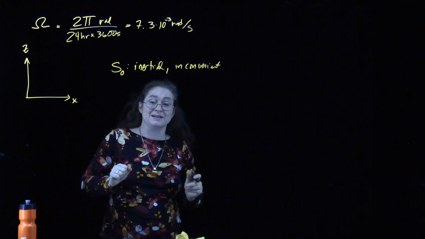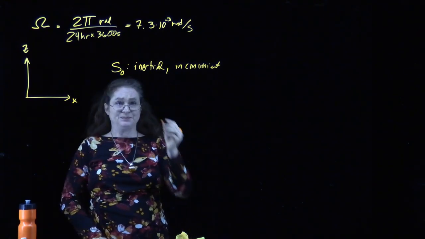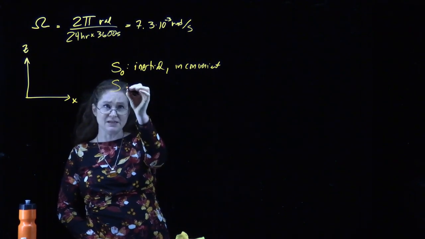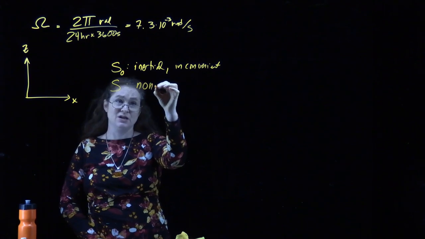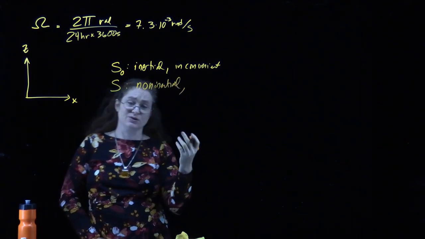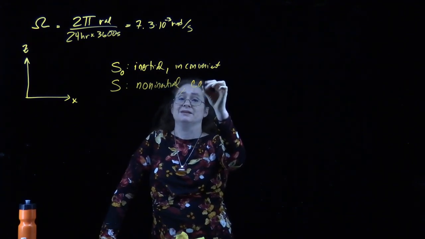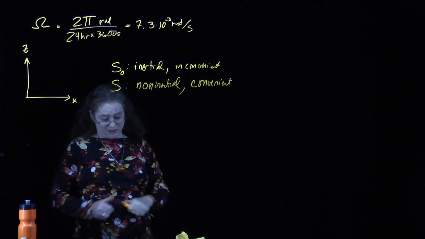This makes it really easy to calculate because it's inertial, but it's also really inconvenient. And then we have S, which is fixed to the Earth. This is non-inertial because the Earth is not an inertial reference frame, but this is convenient because this happens to be what we actually measure.